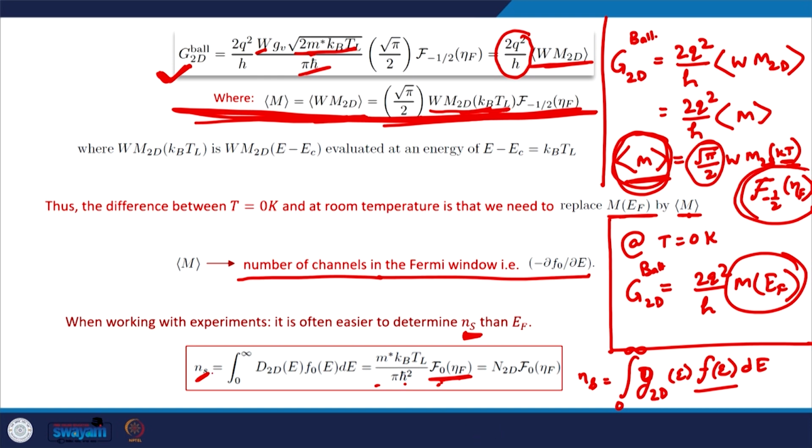Okay, and by dividing these two expressions, we can have a relation between the two. The resistance of a ballistic conductor at room temperature will be just the inverse of the conductance.